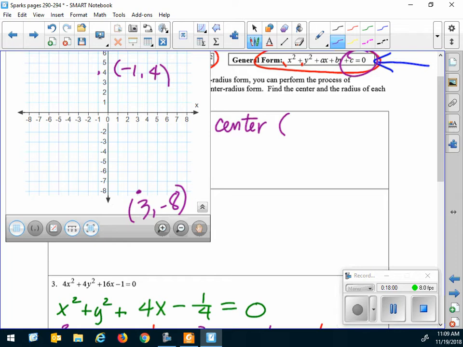-1 plus 3 is 2. Divided by 2 is 1. And 4 plus -8 is -4, divided by 2 is -2. There's the center. Center is at 1, -2.